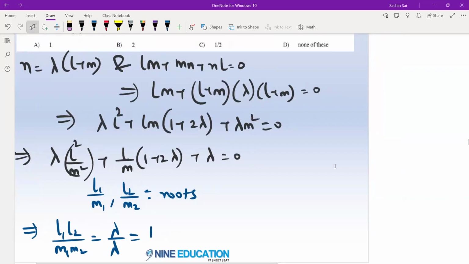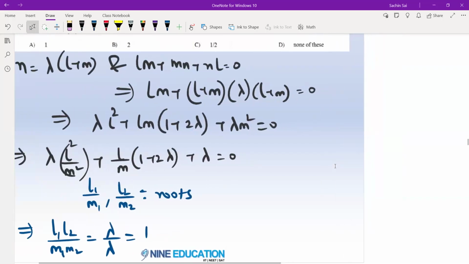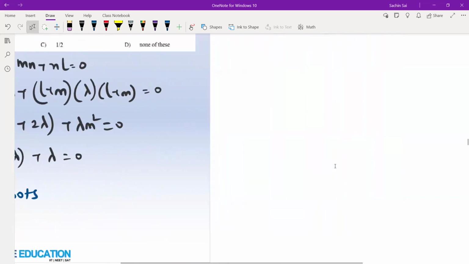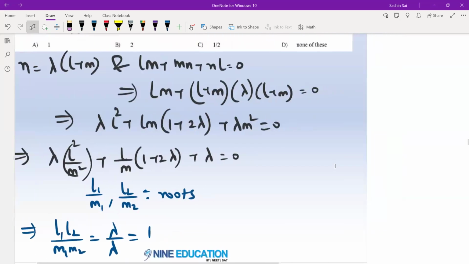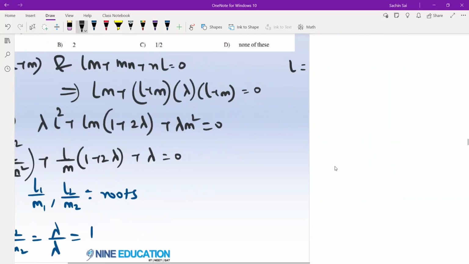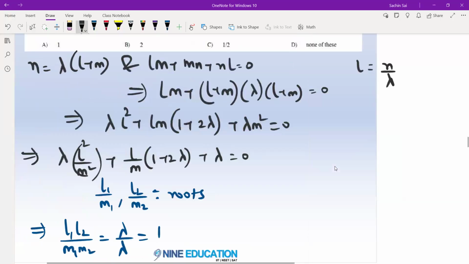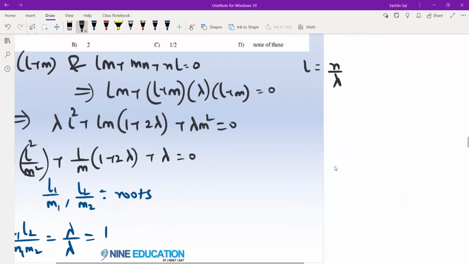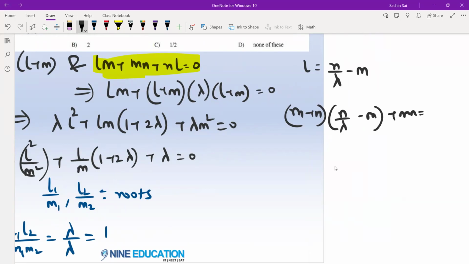This could get slightly lengthy, but let's look at this part. You have n equals lambda times (l plus m), which means l equals n by lambda minus m. Now this I will again substitute in the main equation given, so that would mean m plus n times (n by lambda minus m) plus mn equals 0.